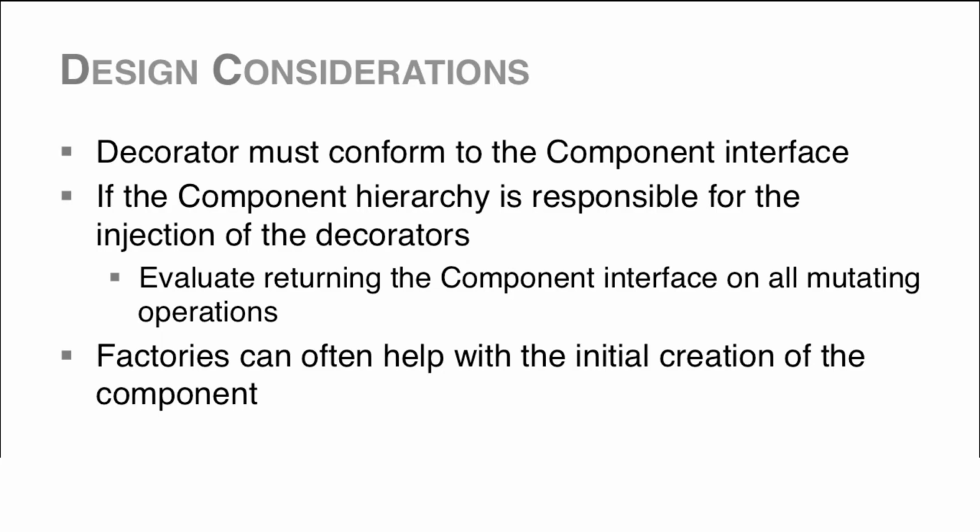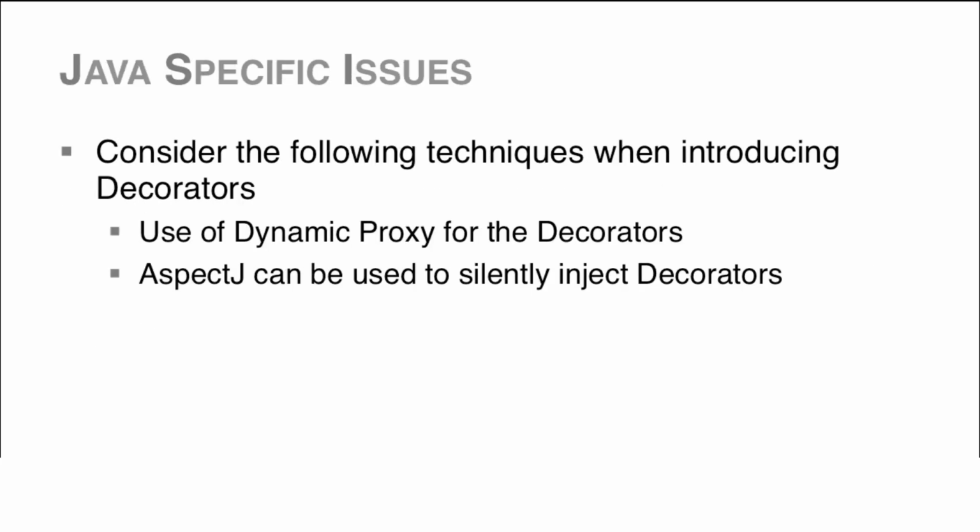May also want to use factories to help create the initial configuration of components. This is useful if you use decorators in a static context, where you're not actually dynamically adding behavior at runtime, but it's just a convenient way of implementing a set of orthogonal or independent concerns.